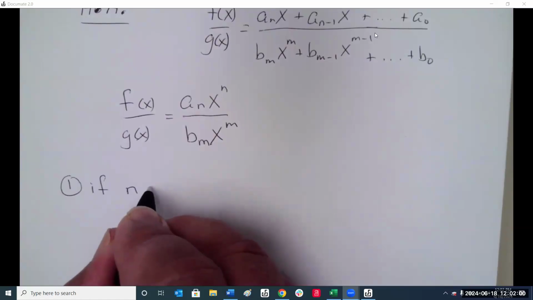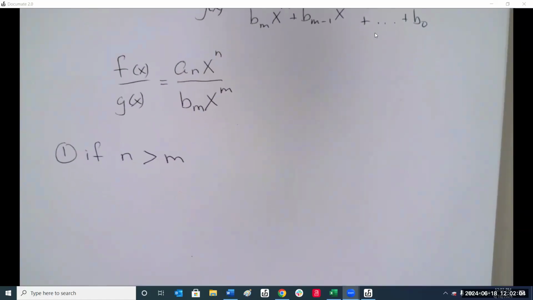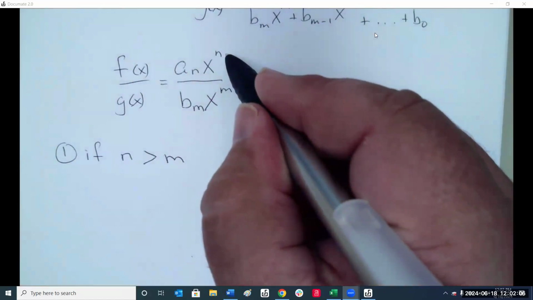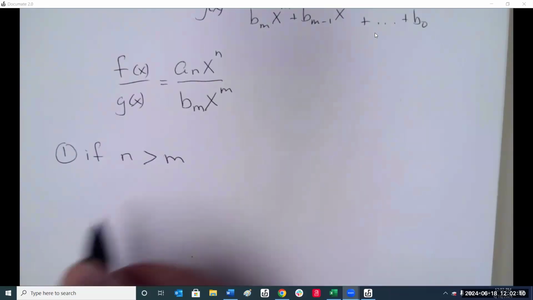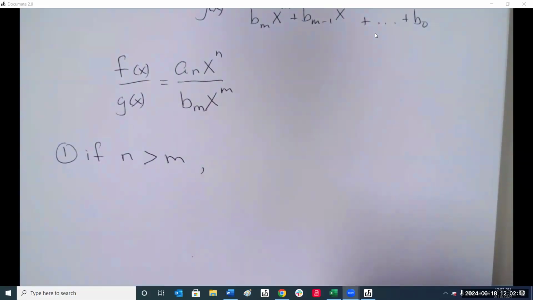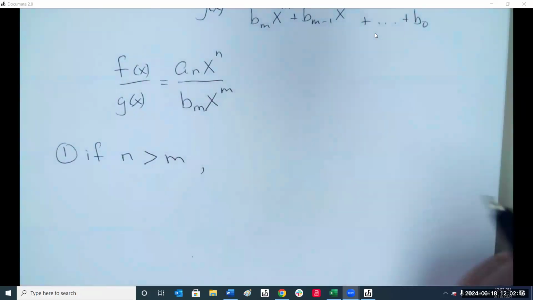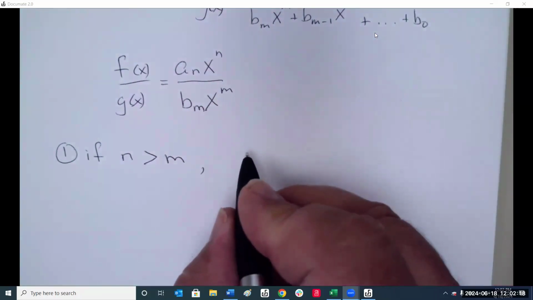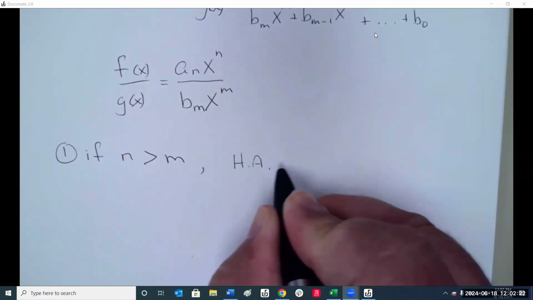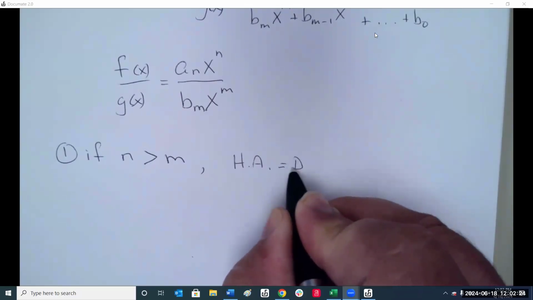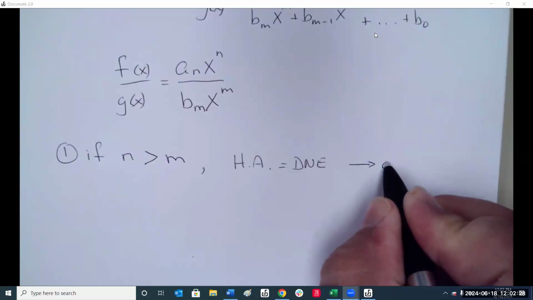If n is bigger than m, in other words, the exponent of the numerator is bigger than the exponent of the denominator, what happens? If there's more x's on top than the bottom, then the horizontal asymptote does not exist because it goes to infinity.